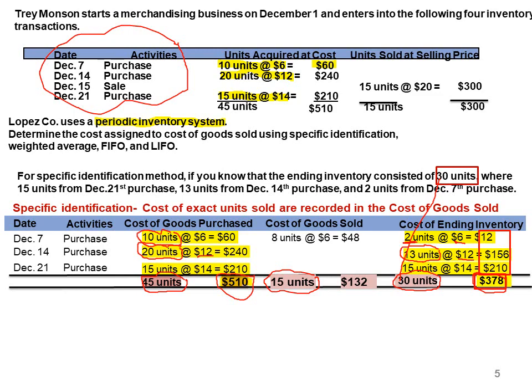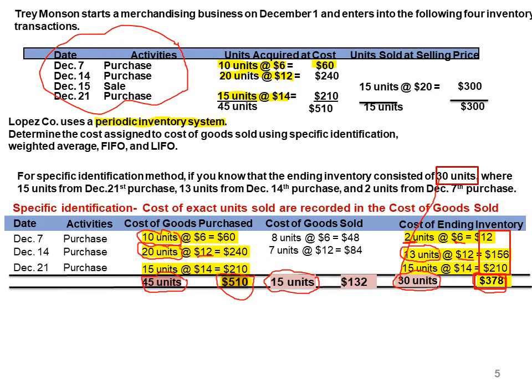So those total 30 units should be inserted at the end of the month. At the end of the month, the company, after doing the physical count, found that there are 30 units remaining in the storeroom. So those 30 units will be placed in the table here at the last row.